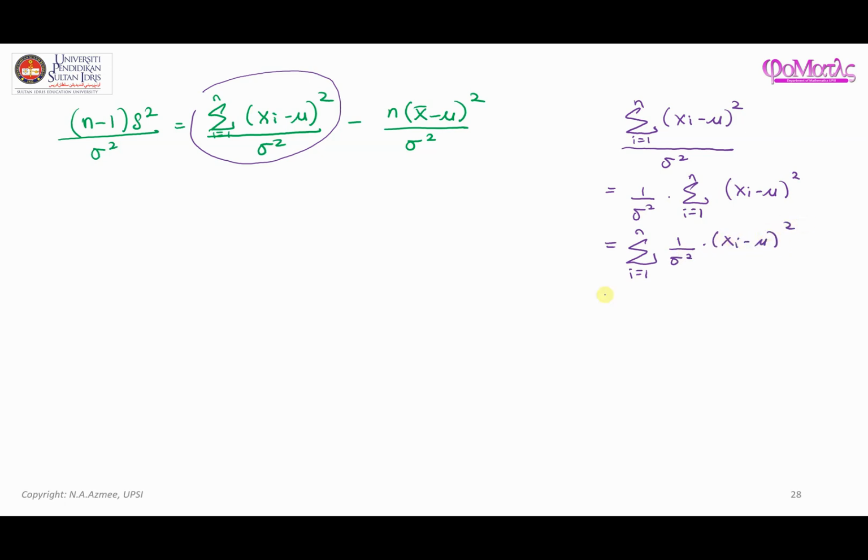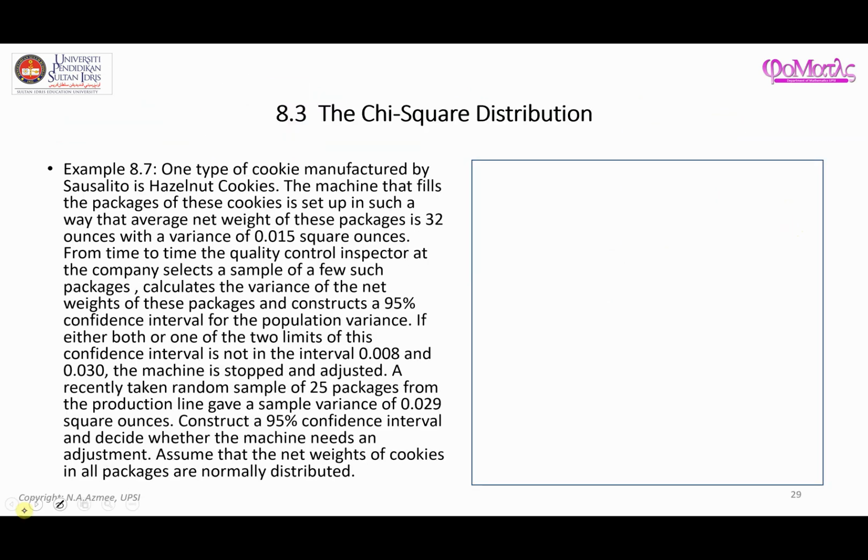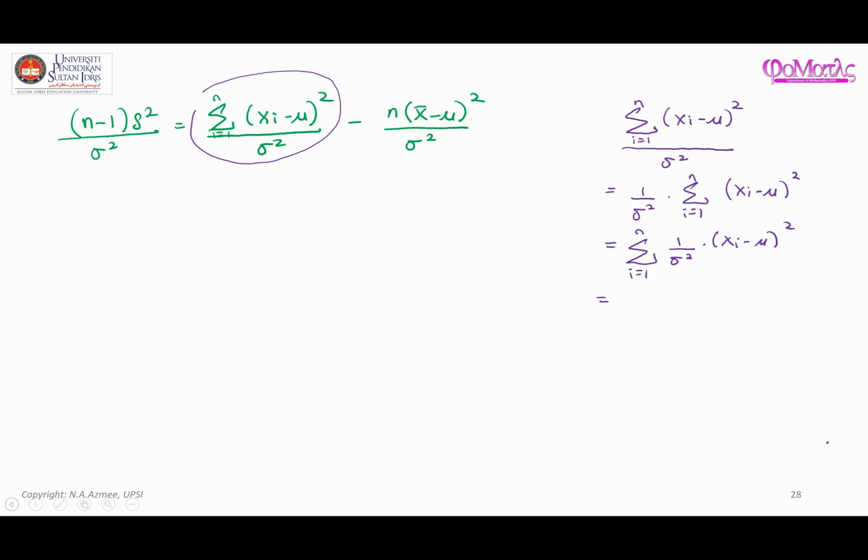Okay, and if you have squared here and also squared here, what you can do is combine the process. For example, if you have 1 over 4, you square it with 2 squared, you can combine the process by writing it in terms of 2 over 4 and you square it.